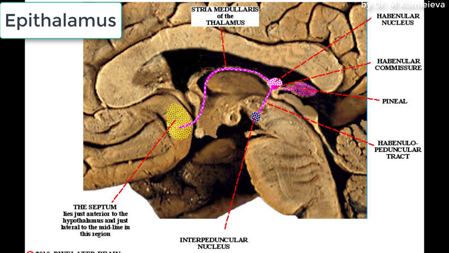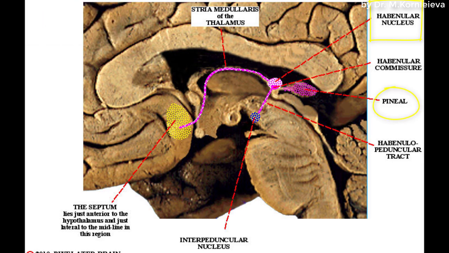The epithalamus consists of the habenular nuclei with their connections and the pineal gland. The habenular nucleus is a small group of neurons situated just medial to the posterior surface of the thalamus. It receives afferent fibers from the amygdaloid nucleus in the temporal lobe through the stria medullaris thalami.